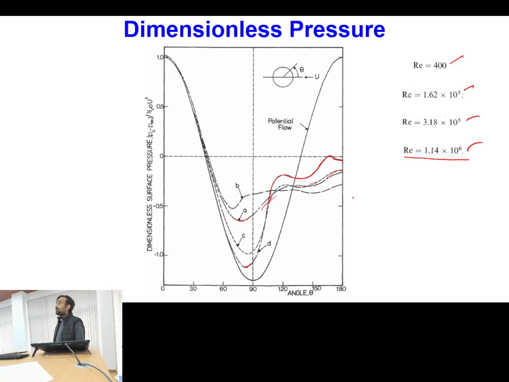So as the separation point moves towards the upstream direction, we consider that the contribution of form drag increases. But the moment the separation point starts moving back towards the rearward direction, pressure recovery improves and the contribution of the form drag starts decreasing.